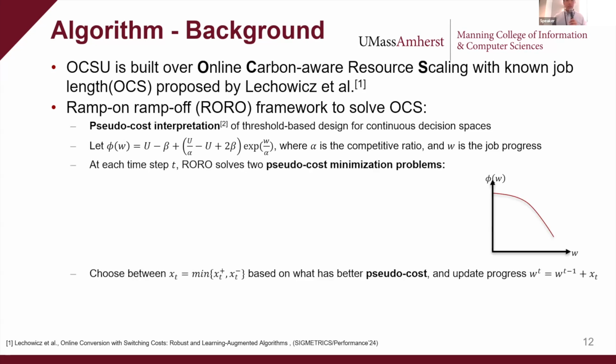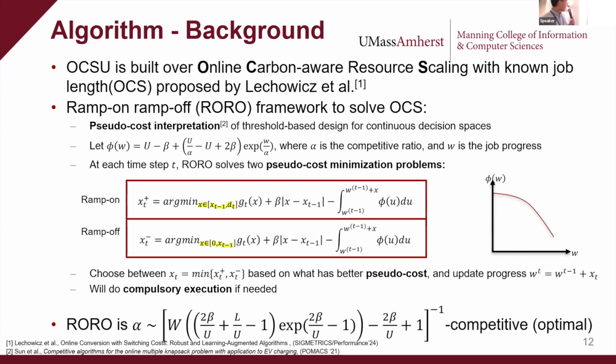And so basically, the pseudo cost minimization provides a framework for balancing the extreme options of allocating too much early on and waiting indefinitely. And basically, the important part here is that it will choose the amount xt based on two possible regions.